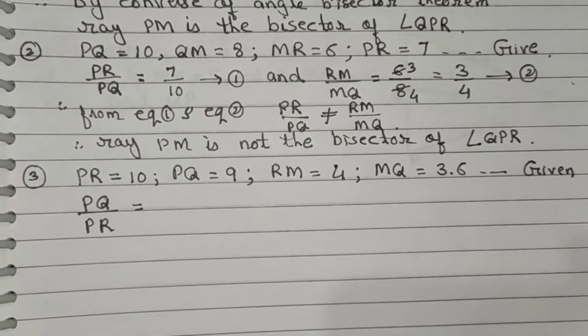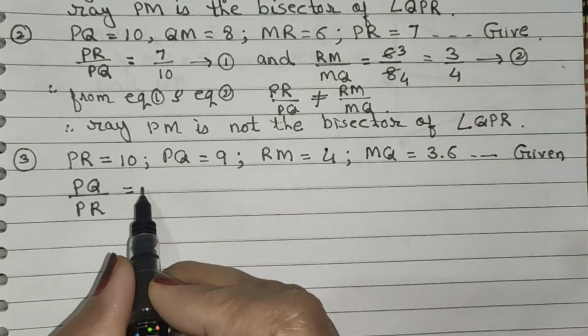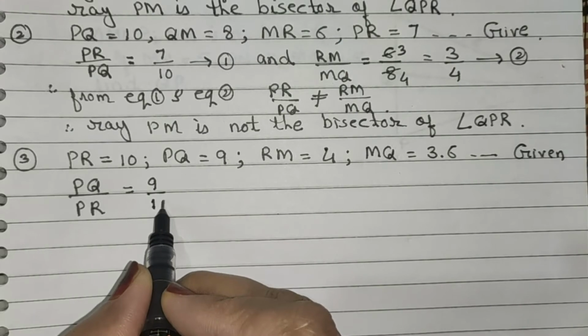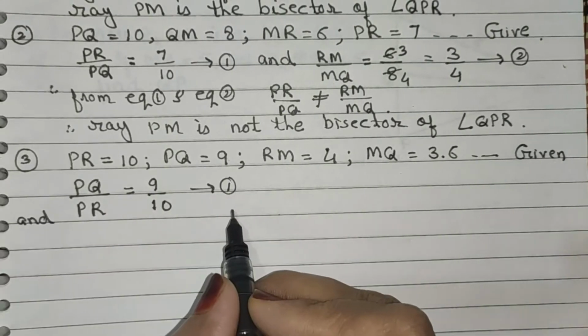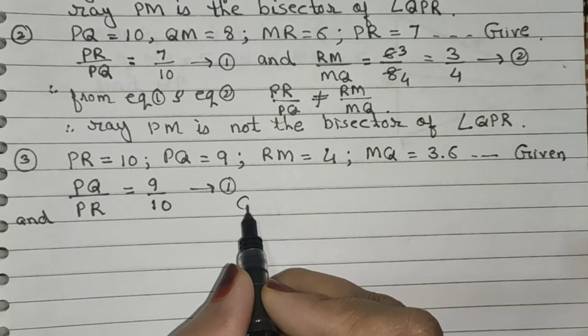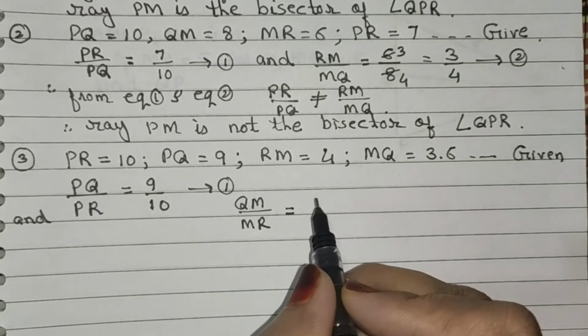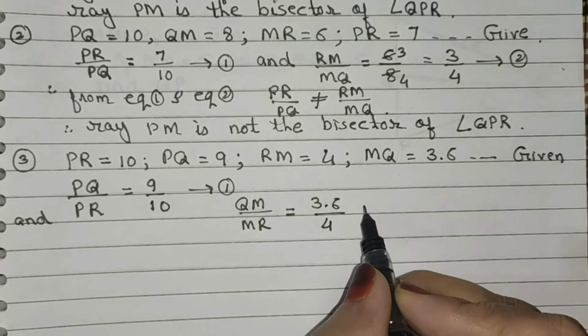Write down here PQ upon PR and then QM upon MR. Now first find the ratio here PQ upon PR. Now substituting the values here, 9 upon 10. Give it equation number 1 and second ratio is QM upon MR. Now substituting the values here, 3.6 upon 4.